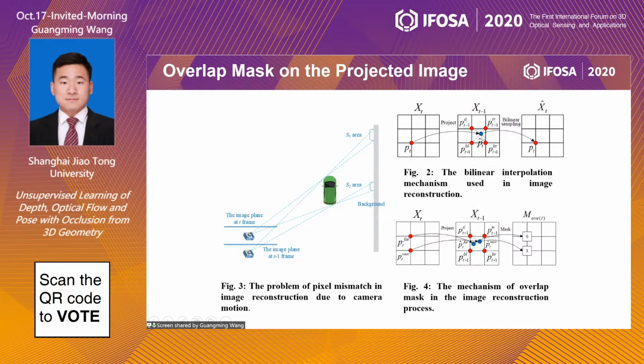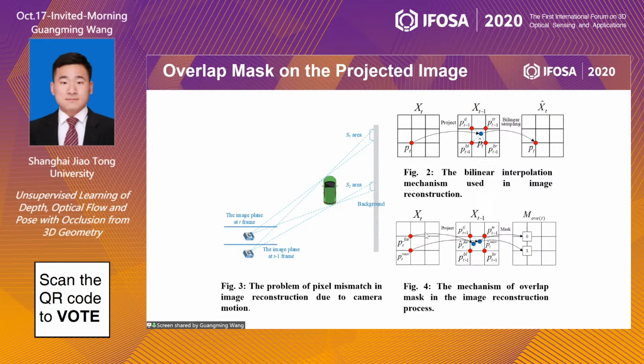This time, we use the 4 nearest pixels to interpolate the pixels in the reconstructed image, I_t hat.